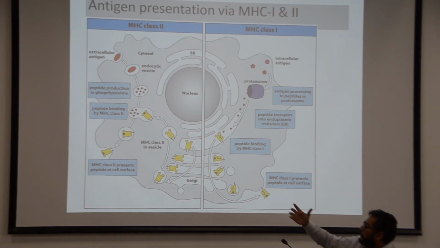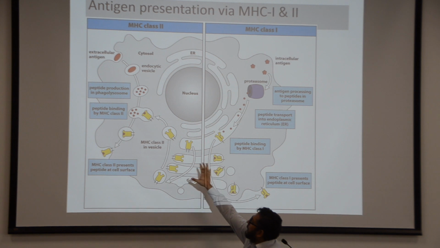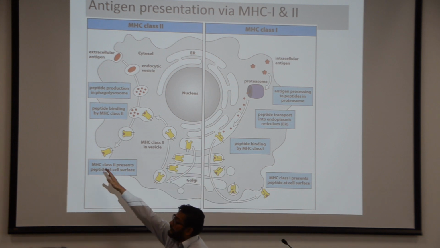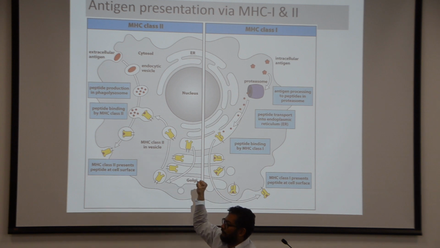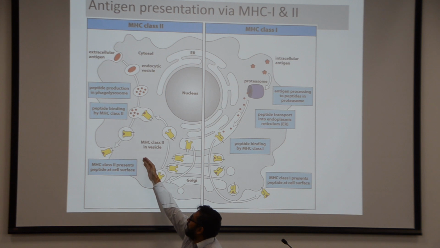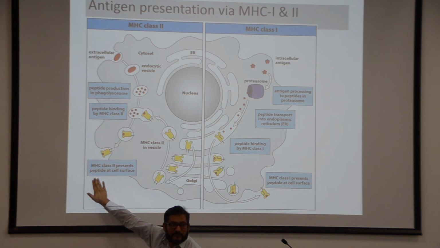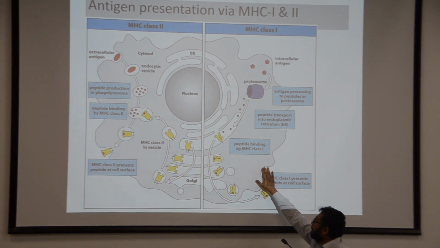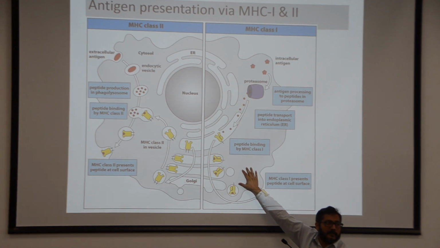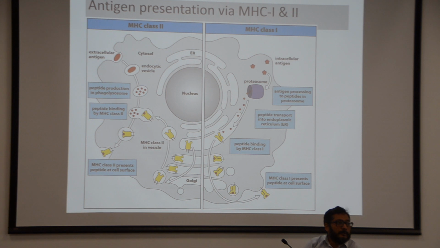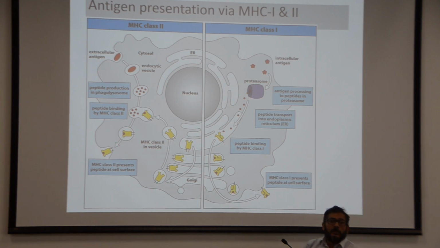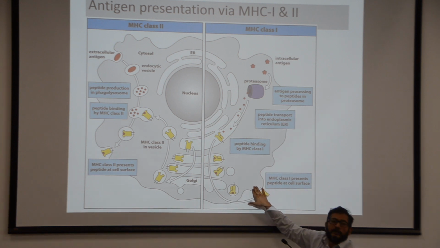Okay. Now, we just go back and reflect on where we stopped yesterday. We see that if anything is extracellular in origin, it is taken up into the endosome and the phagosome, phagolysosome, gets loaded on MHC class 2 and goes on the surface. And if something is cytoplasmic in a cell, the protein will be broken down by the proteasome. The protein can be a misfolded protein or a protein that is not wanted by the cell anymore.